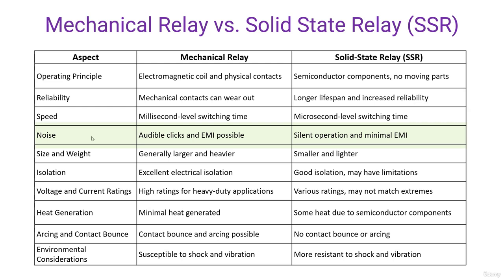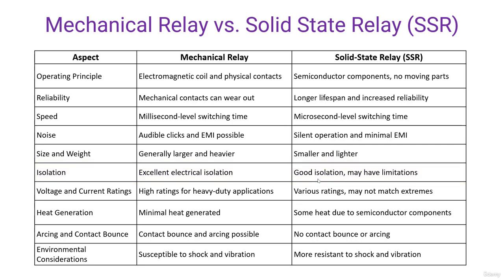Noise: as the mechanical contact moves, there are audible clicks and EMI is possible, that is electromagnetic interference. But solid state relays operate silently and there is minimal EMI. Size and weight: mechanical relays are generally larger and heavier, whereas solid state relays are smaller and lighter. About isolation, mechanical relays provide excellent electrical isolation.